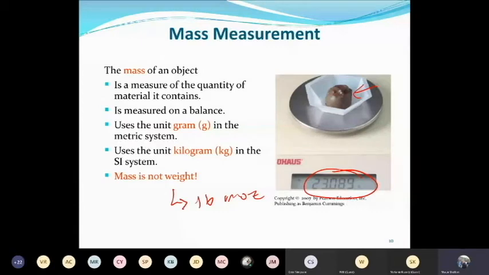Mass is determined by a standard. We talked about earlier that the SI unit for mass is a kilogram. But the main thing from this slide is making sure that you understand that mass is not weight. Mass is based off a standard.